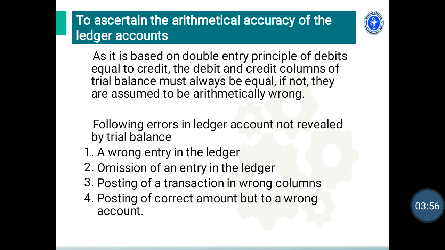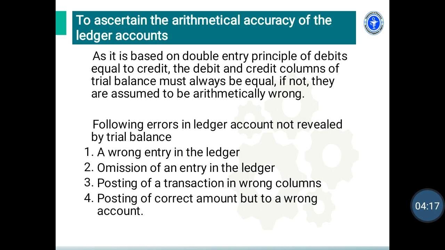Such errors are avoided only by exercising due care and caution while preparing the original books of record. So this is the first objective of trial balance, that is to ascertain the arithmetical accuracy of ledger accounts.